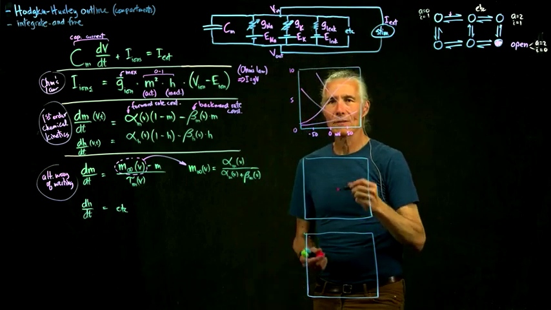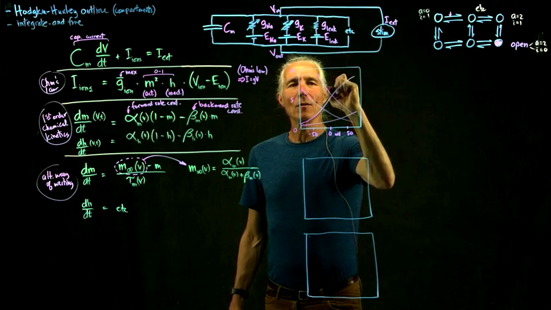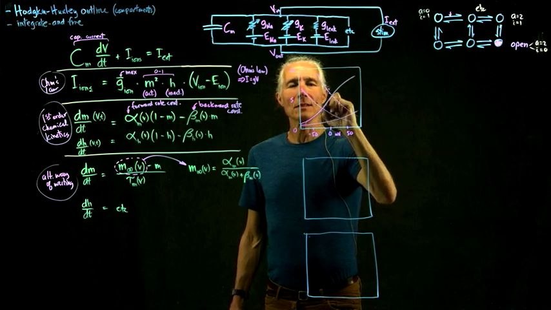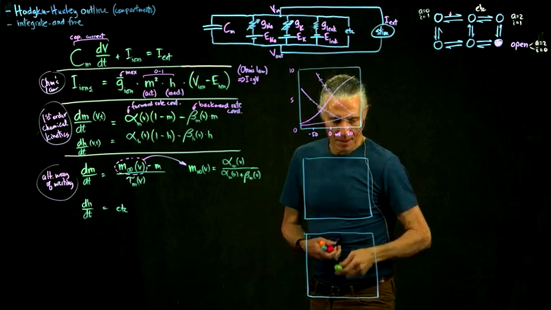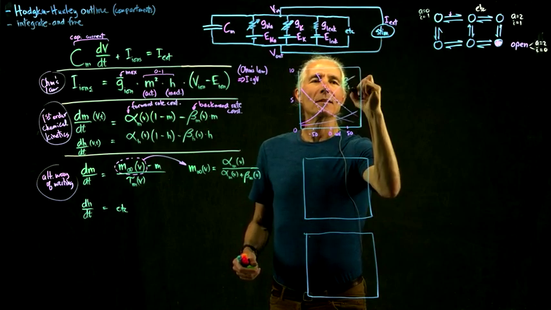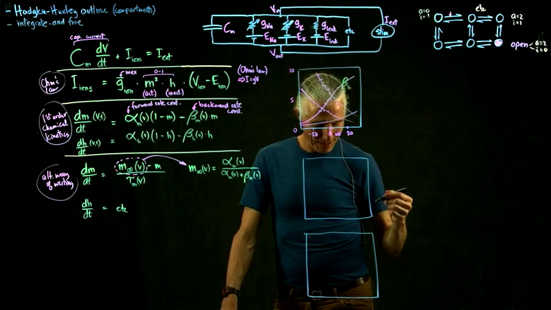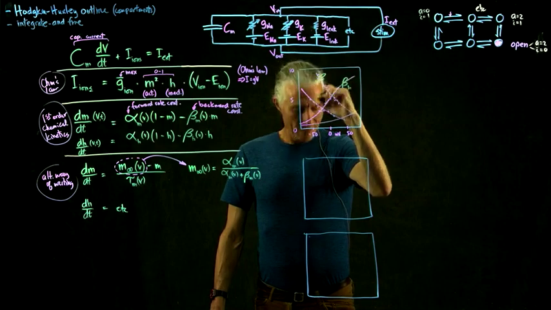And so what are those curves? They're made by recording a whole bunch of different voltages for the 4 variables. And what are the 4 variables? Let's put them in there. Here's the backward rate constant for the inactivation, and here's the forward rate constant.